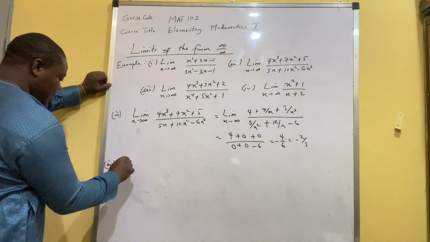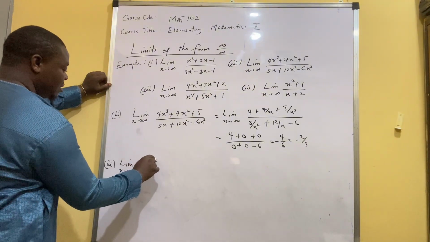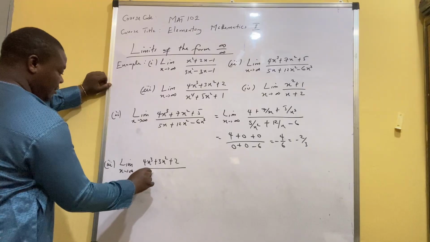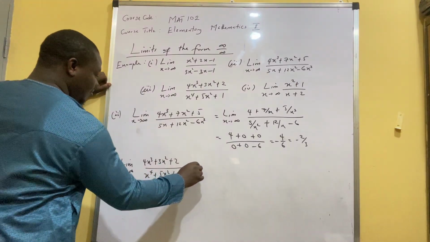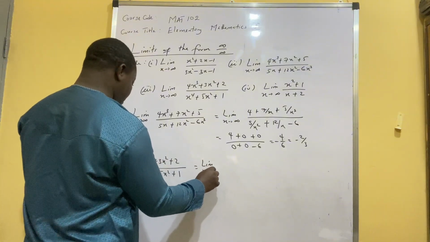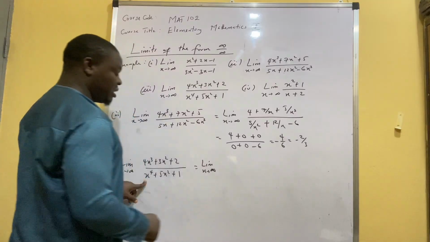The limit as x tends to infinity of 4x cubed plus 3x squared plus 2, divided by x to the power 4 plus 5x squared plus 1. Again, we look for the highest power of x here. The highest power of x that we have is x to the power 4.